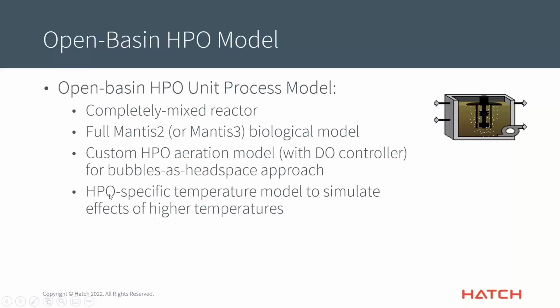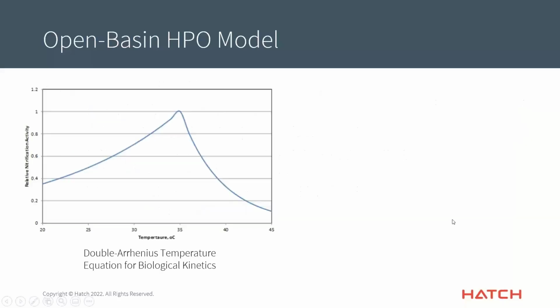In addition, it also has an HPO-specific temperature model, so you can model how temperature changes over time, and also simulate the effects of higher temperatures on the kinetic rate constants. This is because this system, at least the one we were modeling in our project with them, was at a very high temperature. So we wanted to take into account that there might be temperature effects happening here.